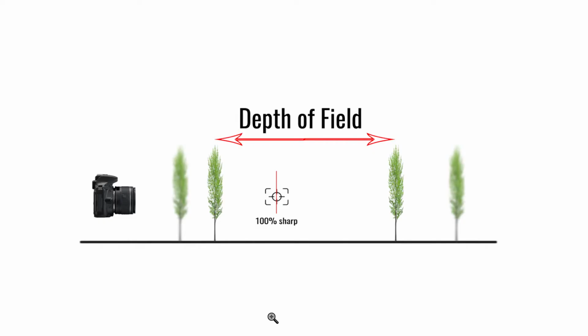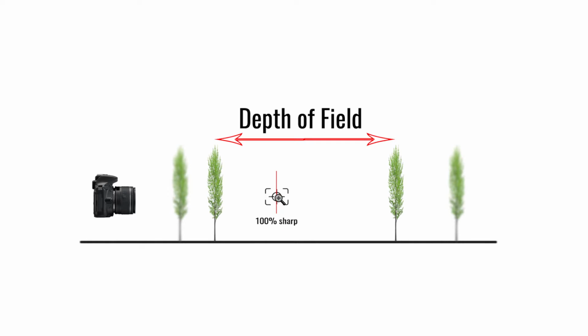Before we continue, let's first look at an important definition related to focus: depth of field. When you focus a lens on a point, it's actually only one point that is 100% sharp, illustrated with this red line here.